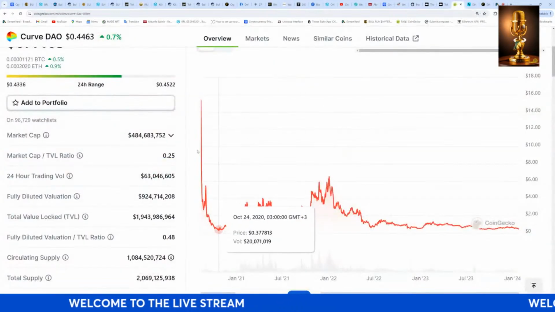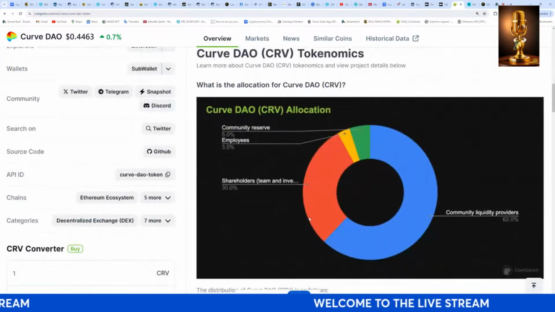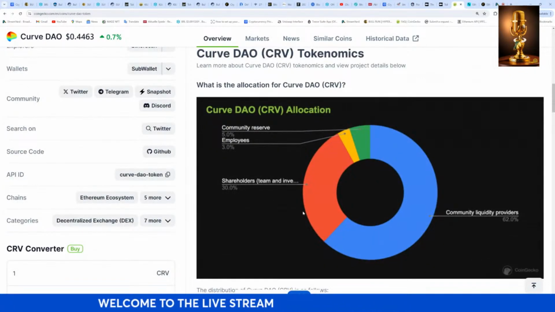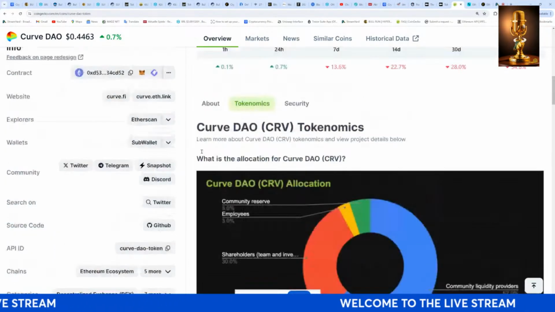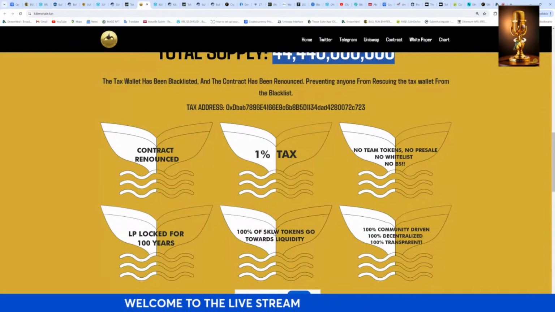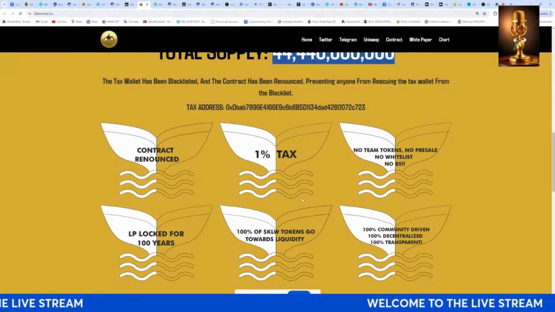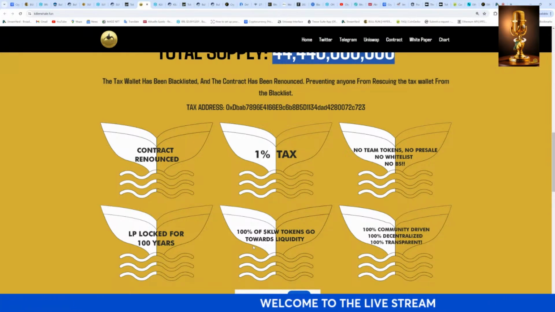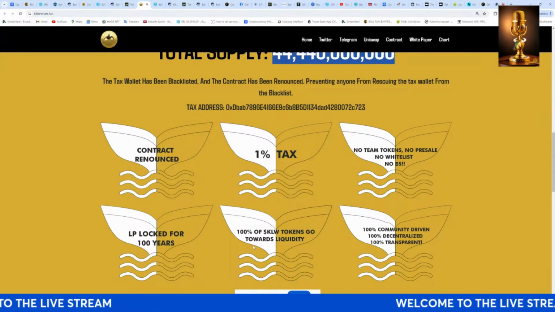Remember the other tokenomics, how they were distributed? Some, like Solana, had 97% go towards the team, the devs, the validators, the early investors. These tokens, 100% goes into the liquidity. It doesn't go to pre-sale, it doesn't go to the team, nothing like that. This allows a fair launch. This allows the community to be 100% community driven. It's very decentralized and transparent.